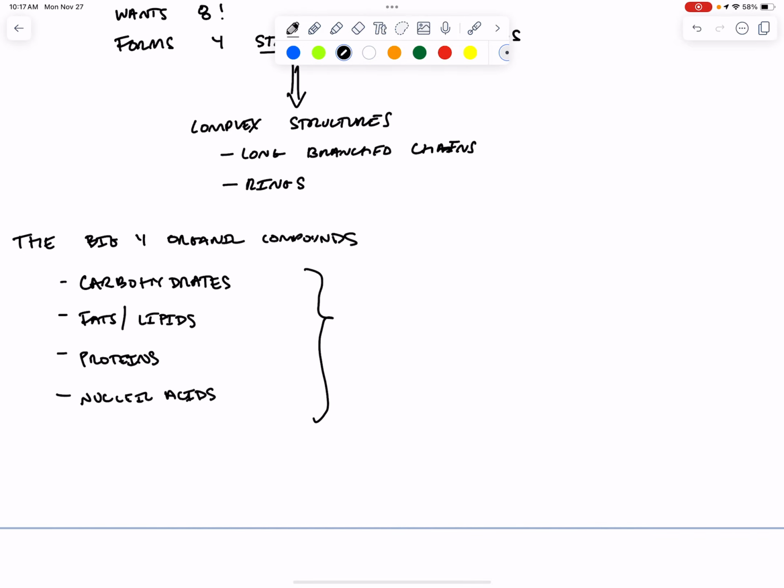If you have one of something, one building block, it is called a monomer. You can kind of think of it as like one Lego piece. If you have 2 building blocks stuck together, this is called a dimer.